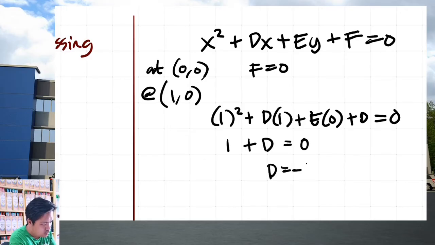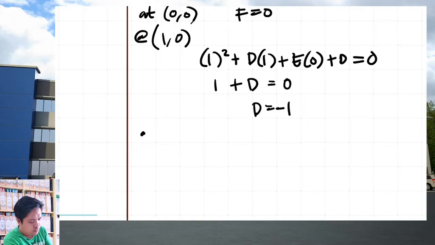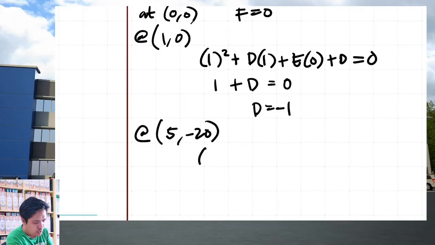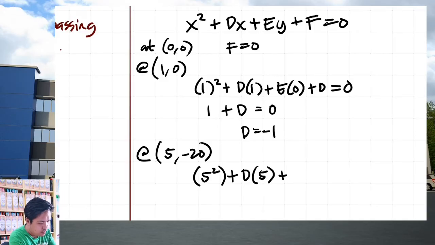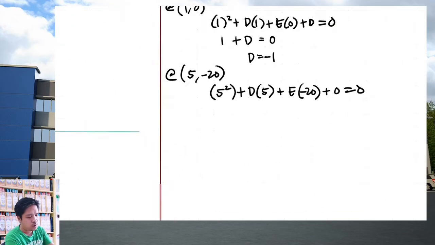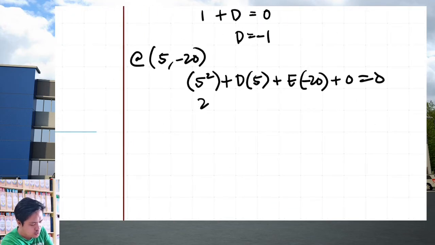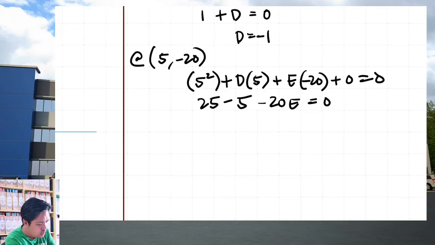So, d is equal to -1. Now, at (5, -20), we'll have 5 squared plus d times 5 plus e times -20 plus f, which is equal to 0. And d is equal to -1. So 25 minus 5 minus 20e equal to 0.